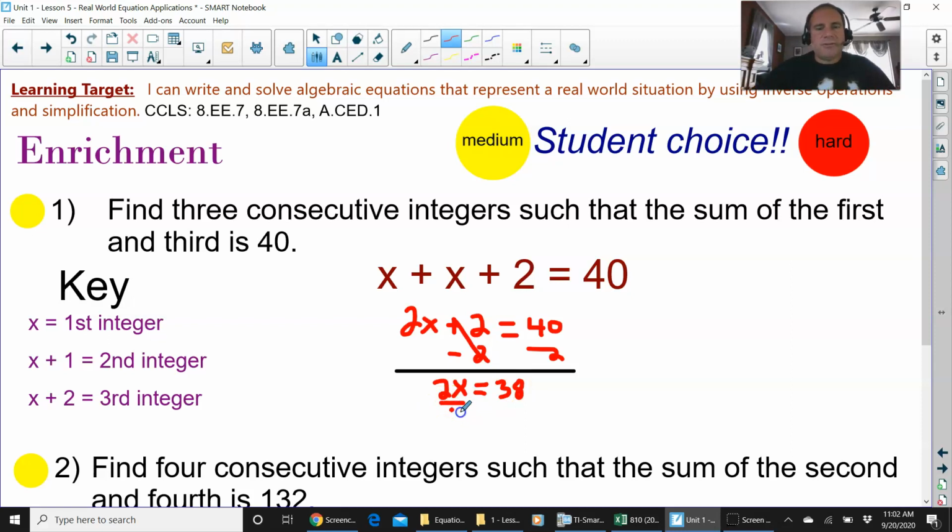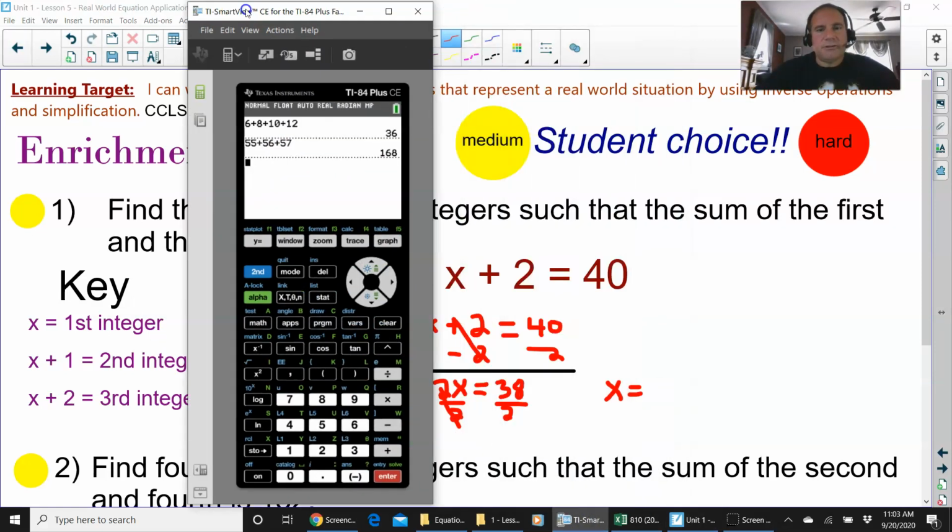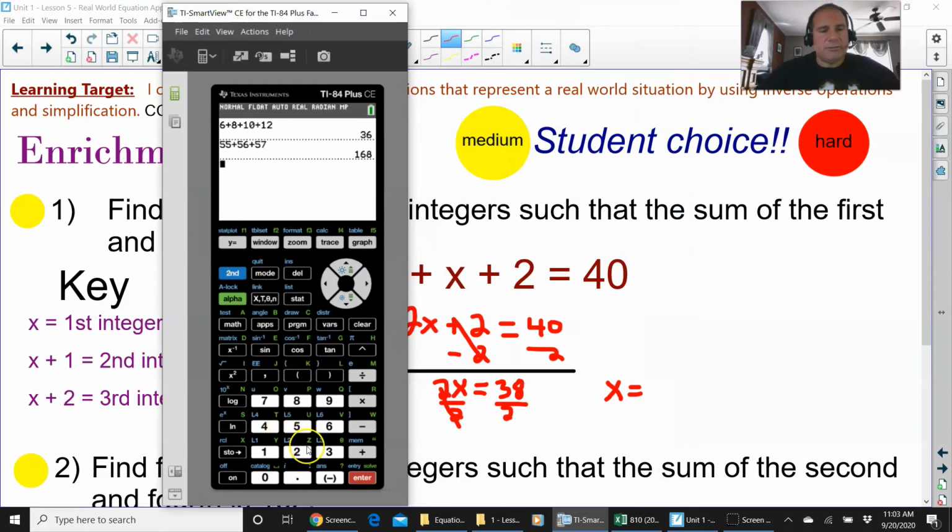So we have 2x equals 38, and sometimes they'll try to confuse you, and this is the type of problem that would be. All right, so we have 38 divided by 2.